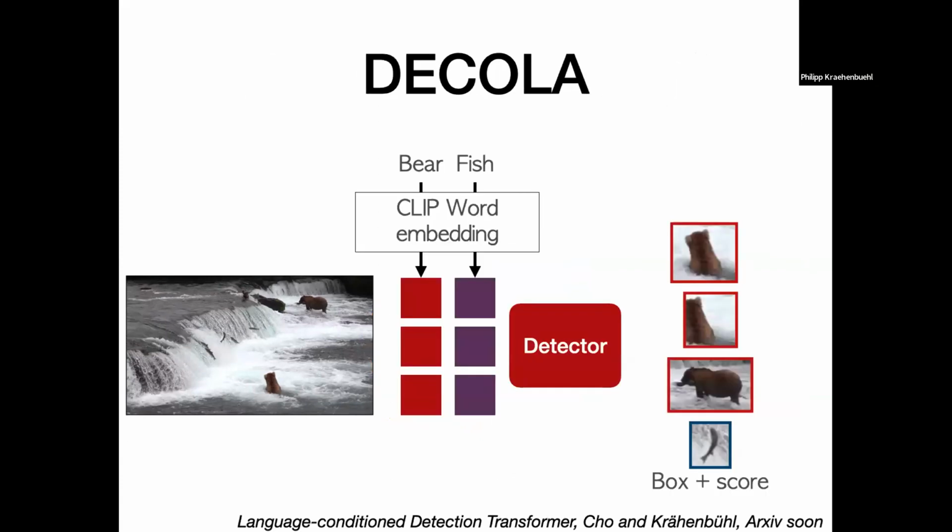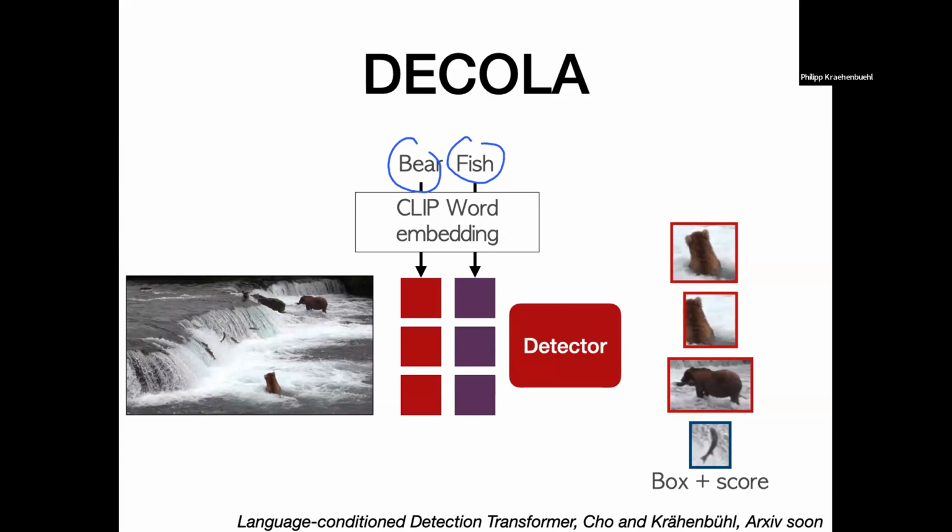And so in a paper that's hopefully going to be on arXiv soon, we flipped things around a little bit. Instead of feeding in the labels at the very end, we want to see if we can build a detector that from the get-go is conditioned on what classes it is going to detect. Instead of feeding in the language embeddings after the detector, we now feed them in after the backbone of the detector, and we use a query-based detector.